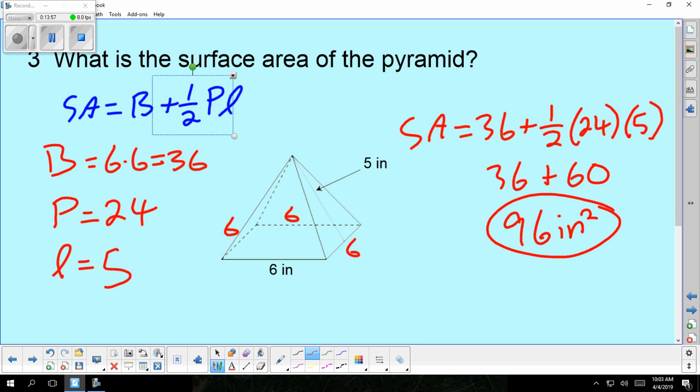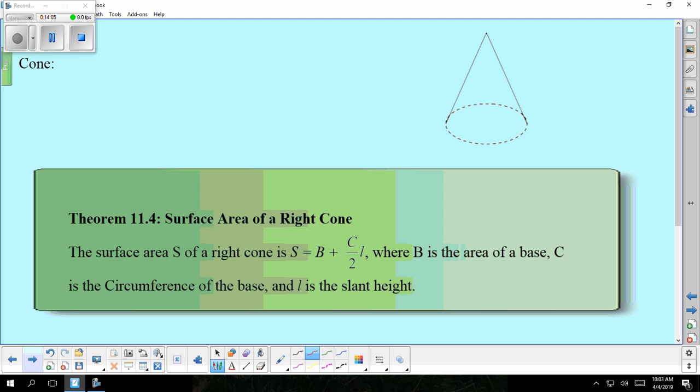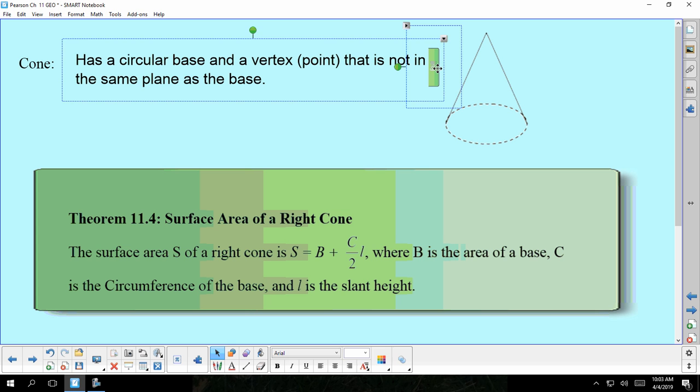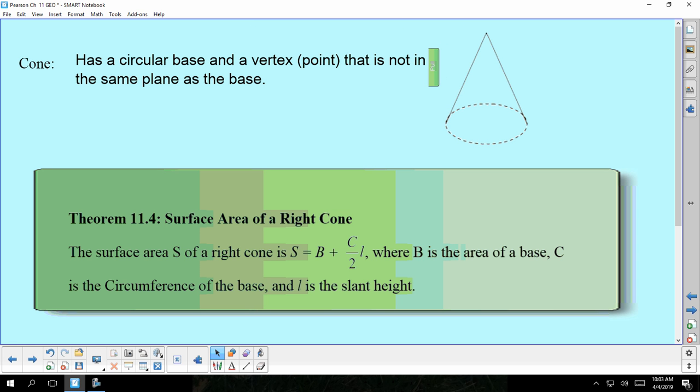The next thing I want to look at is the surface area of a cone. So a cone has a circular base and a point that is not in the same plane as the base.